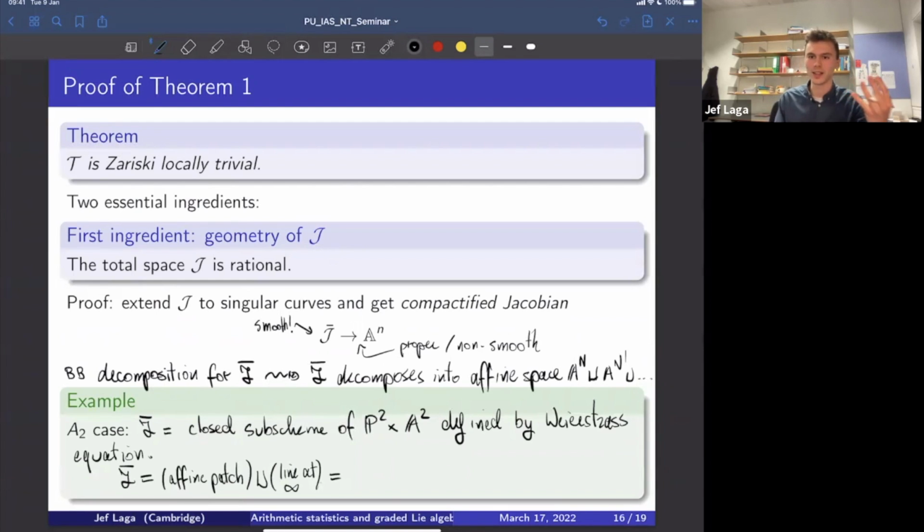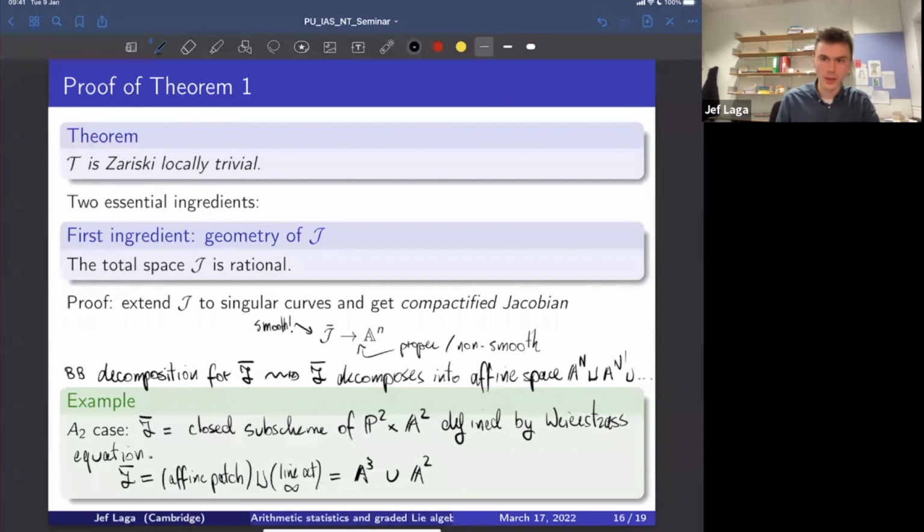But now a and b are variables, so we can just solve for b in terms of the others, and that will just be an A3. And for the line at infinity, there will be one for every point above A2, so we get an A2 here. So that's a very concrete thing. If you want to prove this for other curves, then you need more machinery. But yeah, it's very simple in this case. Okay.